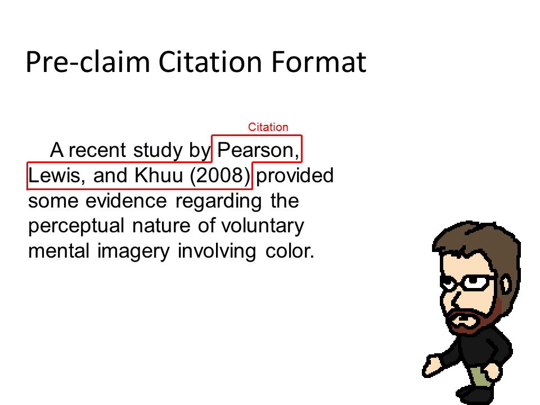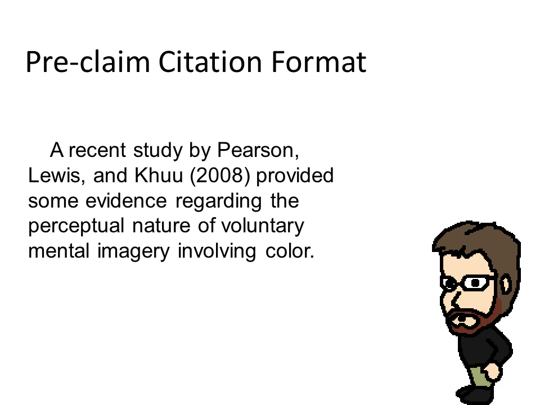Once again, we have our citation followed by the claim. It's pretty simple. The basic citation format is basically identical. The only real difference is now we're putting the citation before the claim, and we're including those author names in the text, not inside the parentheses.